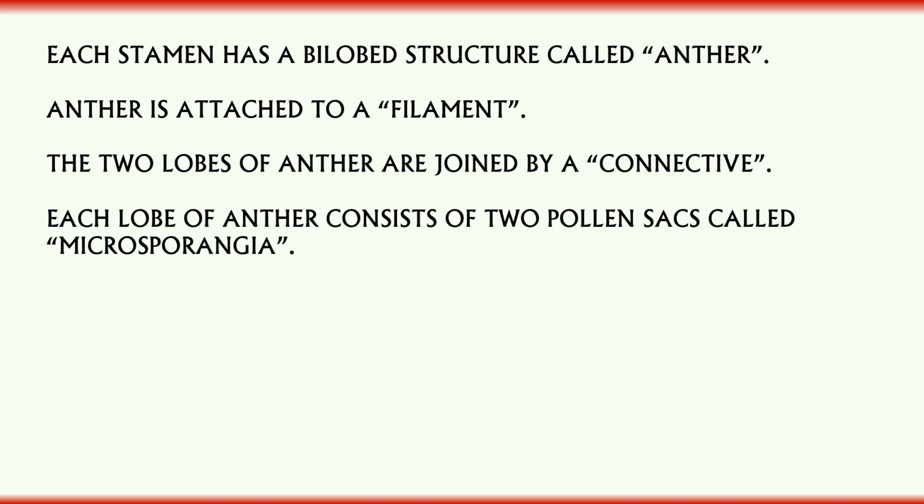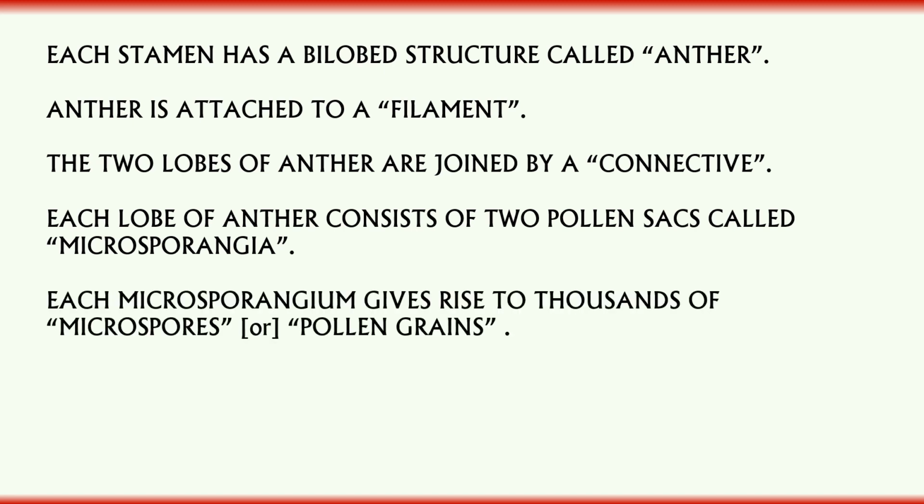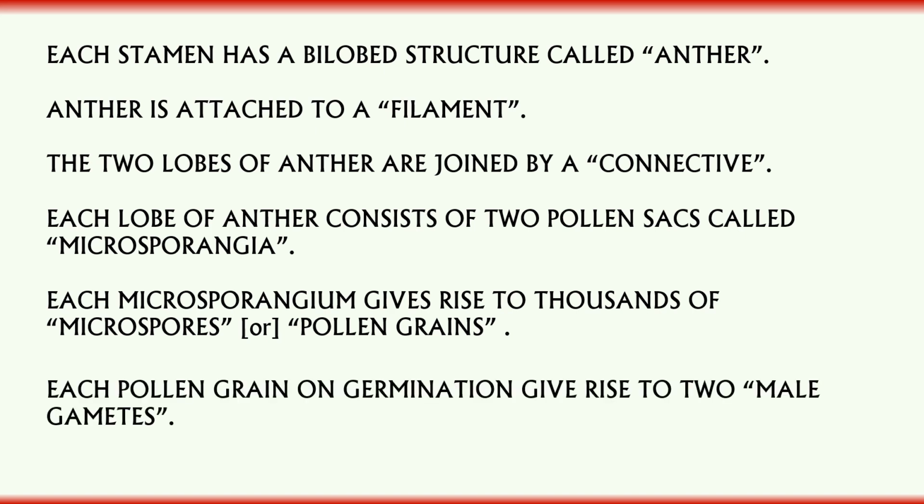Each lobe of anther consists of two pollen sacs called microsporangia. Each microsporangium gives rise to thousands of pollen grains or microspores. Each pollen grain on germination gives rise to two male gametes.